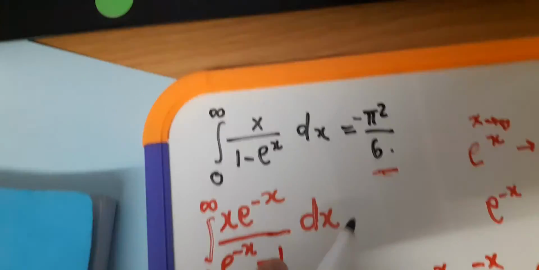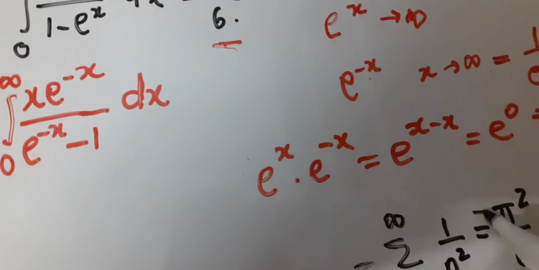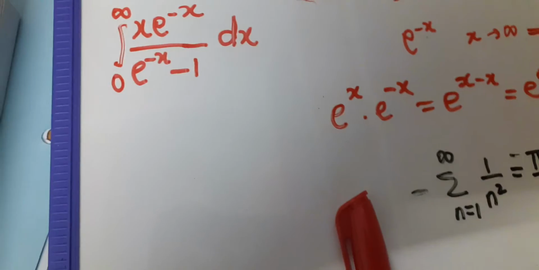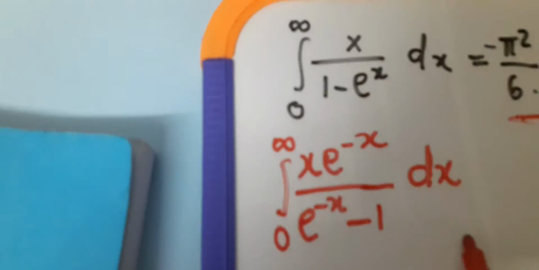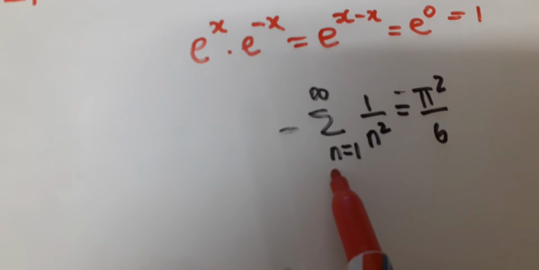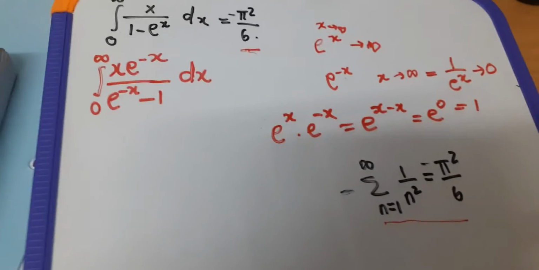So therefore, this here is just minus of this identity. Therefore, it means that our solution here has to somehow have this type of solution.